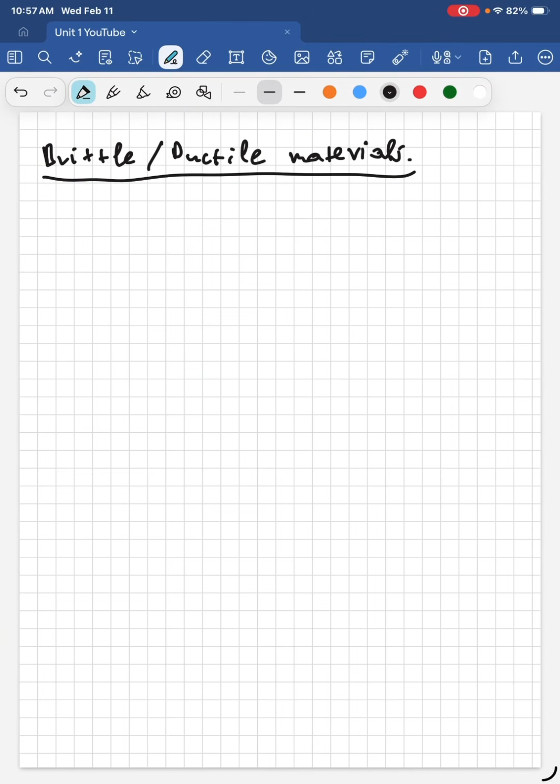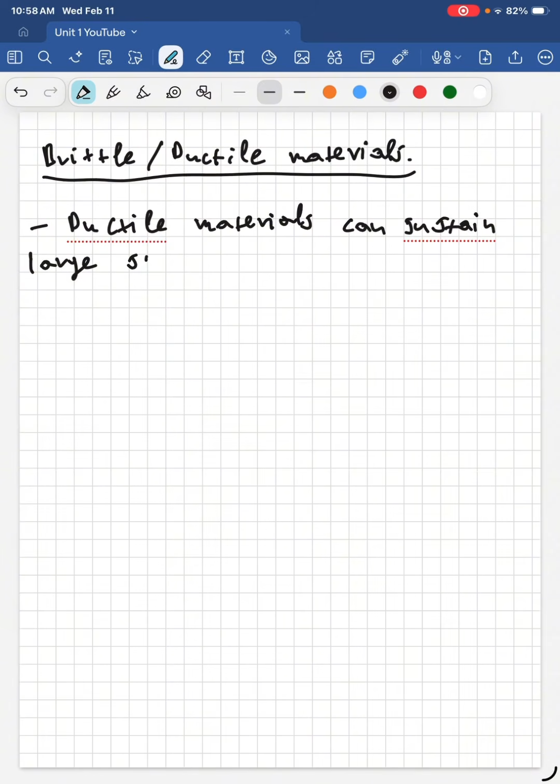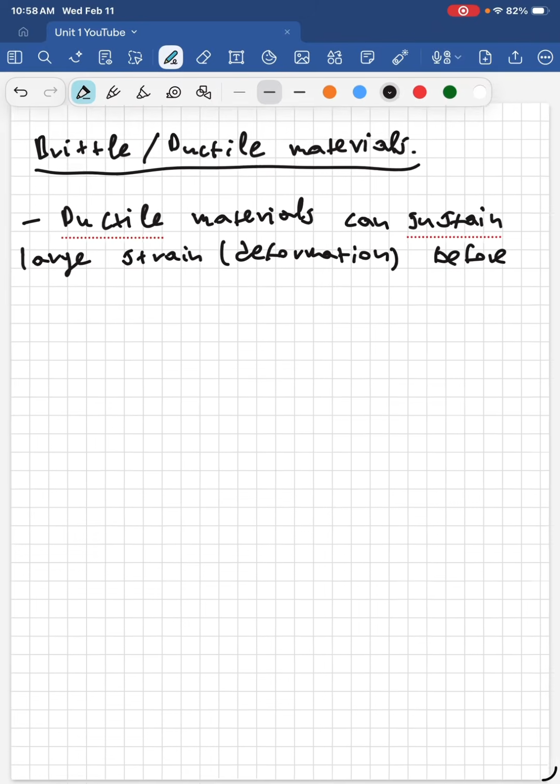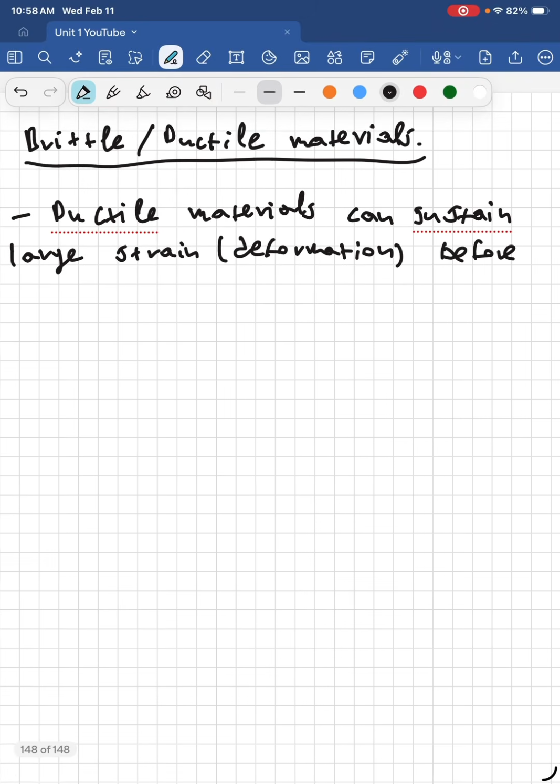So ductile materials can sustain large strain or deformation before fracture. I don't know why my iPad behaves like that sometimes.